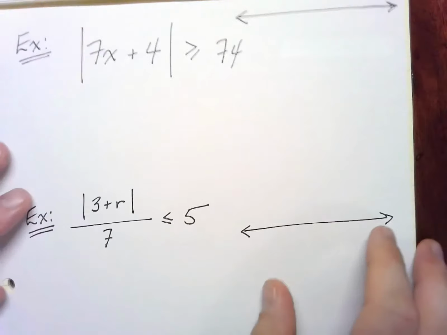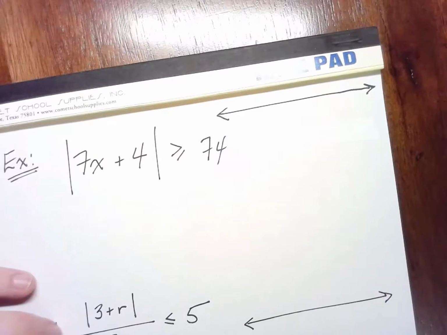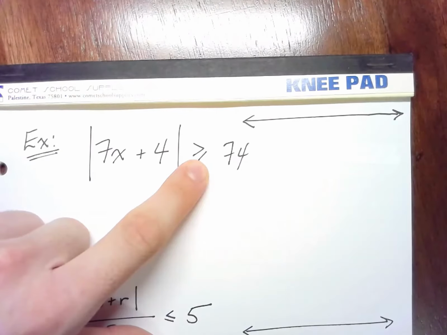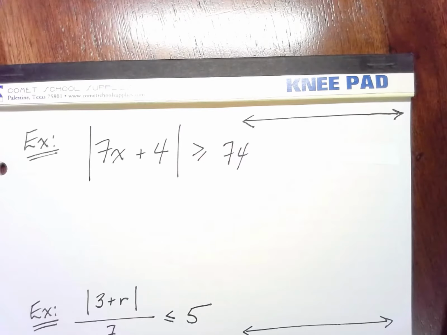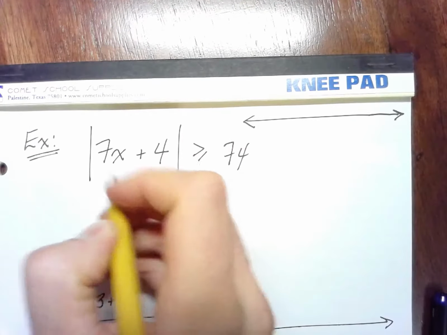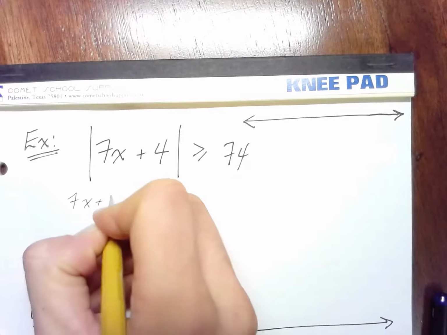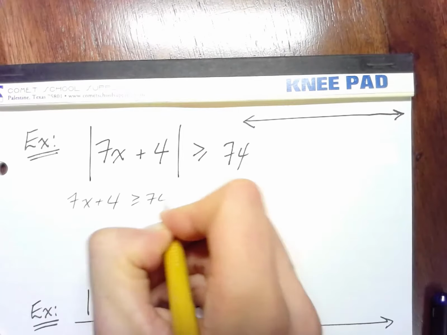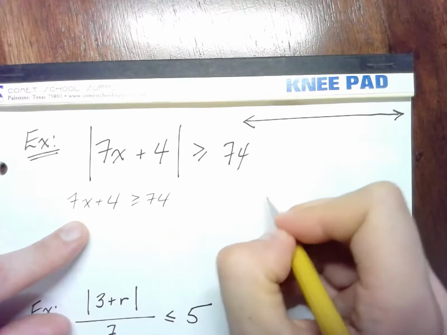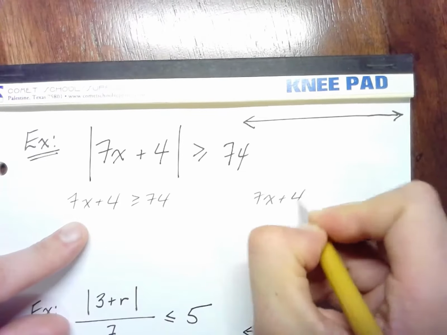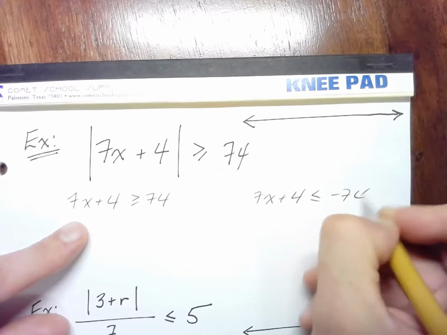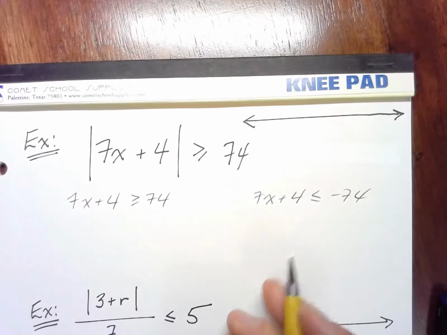So now let's look at another disjunction. It's greater than, right? Immediately tells us we're going to have a disjunction. So 7x plus 4, I'm just rewriting it exactly like it is without the absolute value, and then I come over here and set up the negative version of the whole thing.